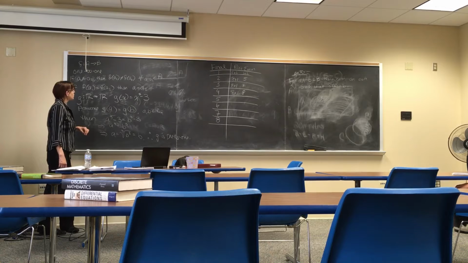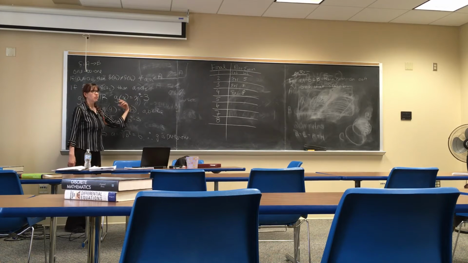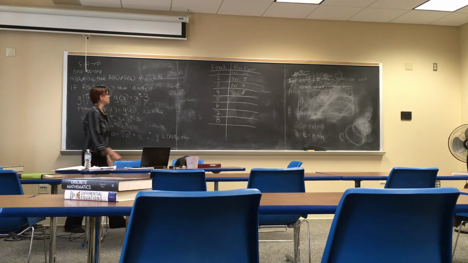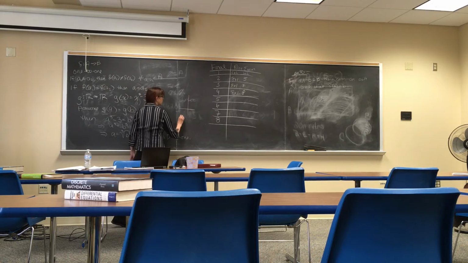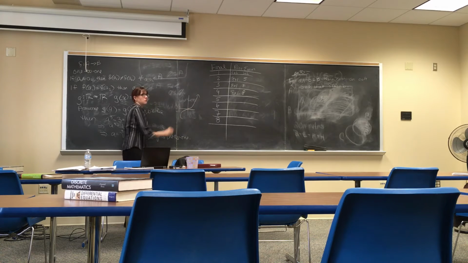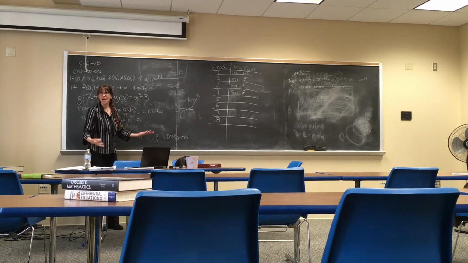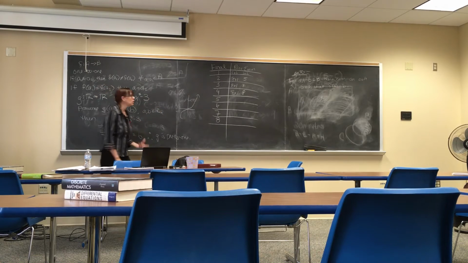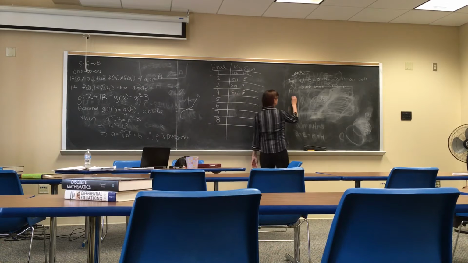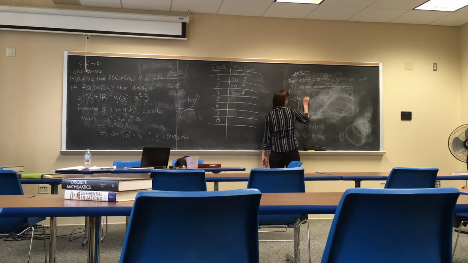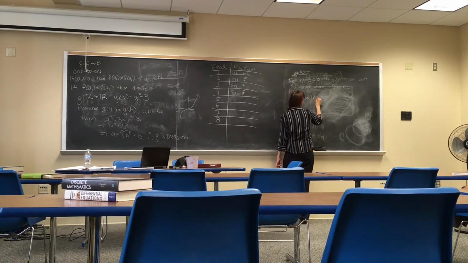So does it look like I could get any real number out of this? This is what x cubed looks like. It hits everything, doesn't it? So, seems like we're going to be good to go. So now let's show that it's onto. Just let B be a real number.